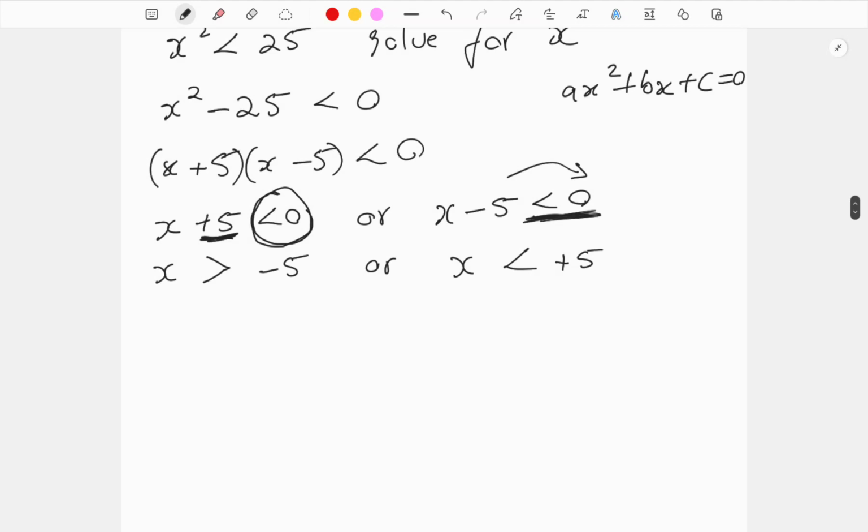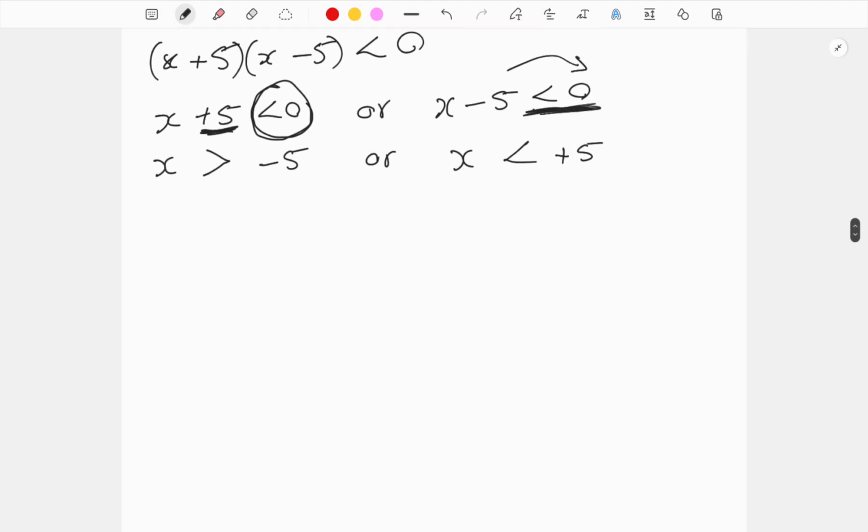Another thing that you need to note, how to interpret this answer on your Cartesian plane or on the number line. Very important, because they might ask you, draw this equation or solve this equation and then represent it on the number line.